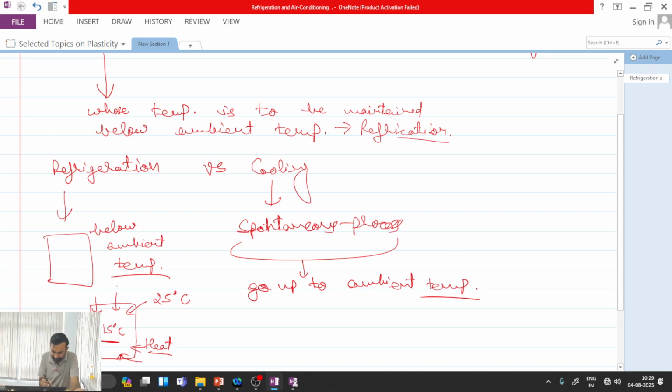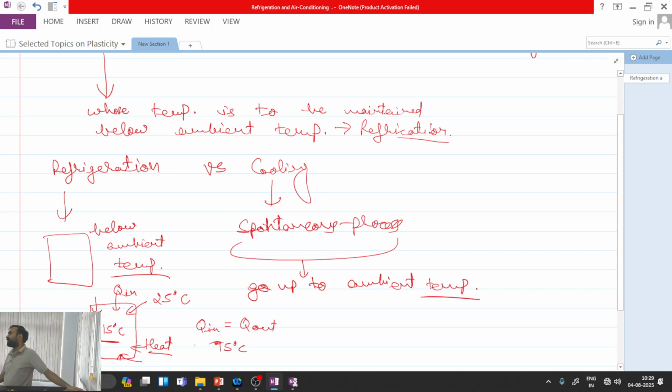Across all the walls, overall Q in amount of heat is coming to the room, and if Q out is the amount of heat which I am removing from the room with the help of some external device, then Q in has to be equal to Q out, then only will I be able to maintain a temperature of 15 degrees Celsius within this room.